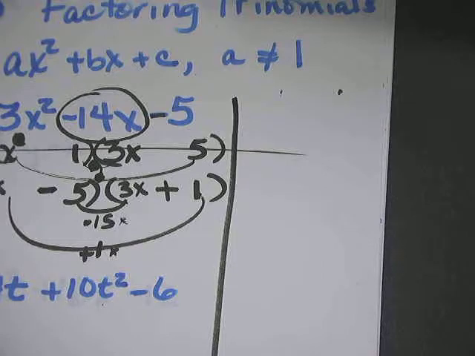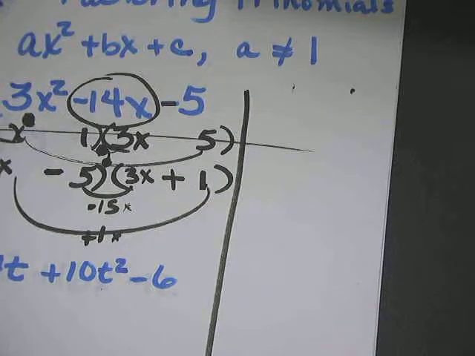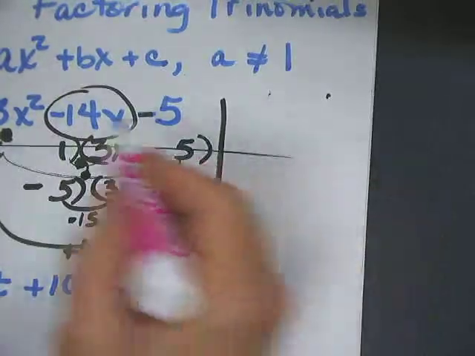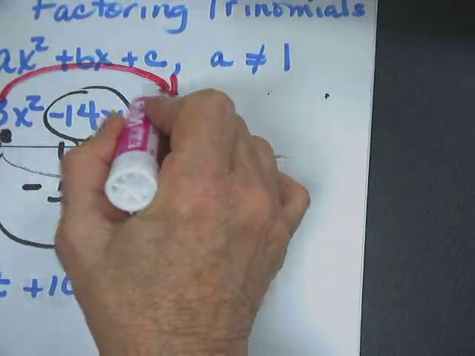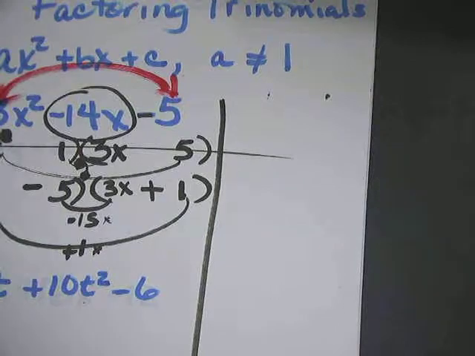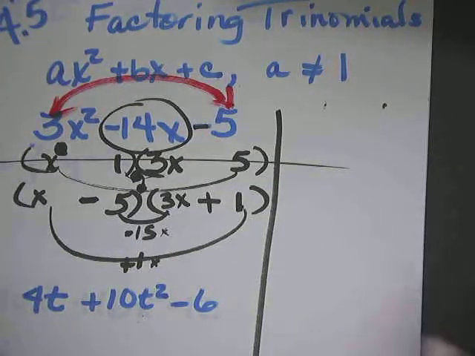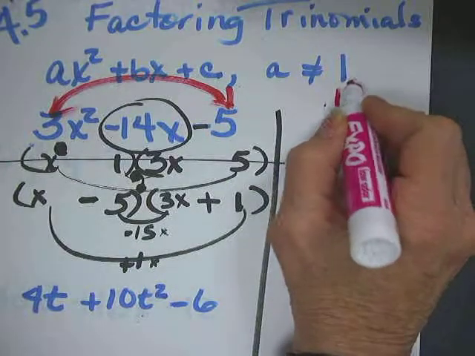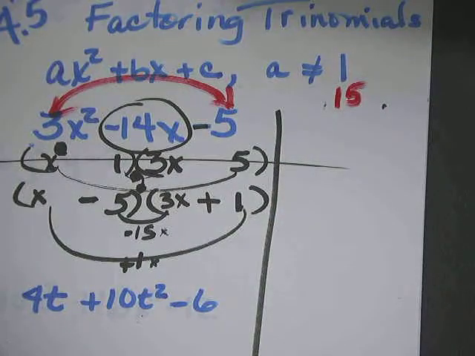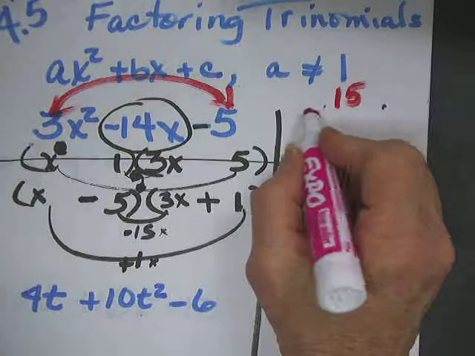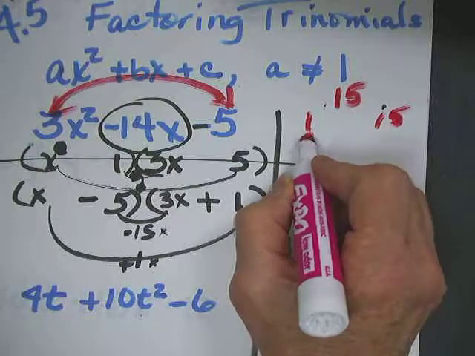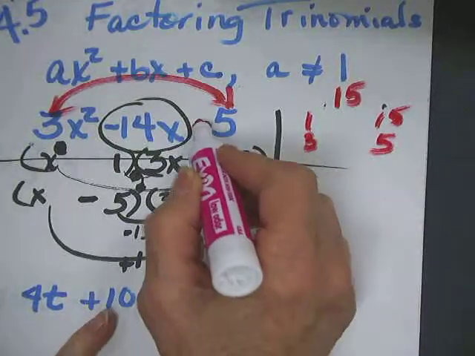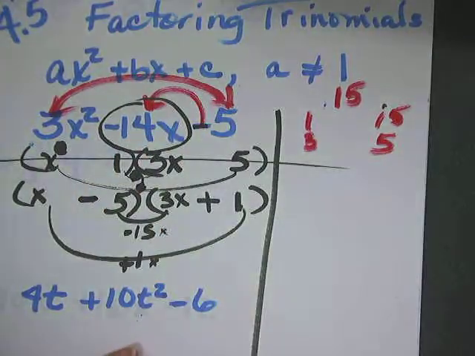Okay, what you can do, in a different color here, is rewrite it. What you need to do is find this times this, is what? 15. Okay, 15. And how do you get 15? 1 times 15 or 3 times 5.